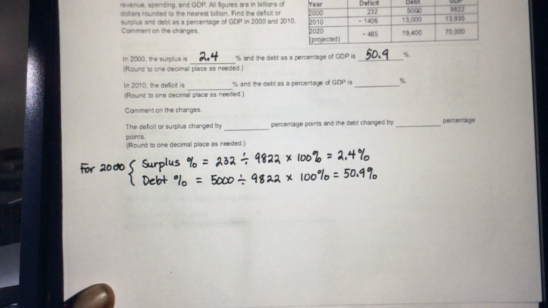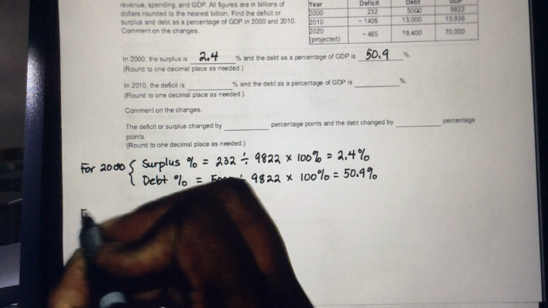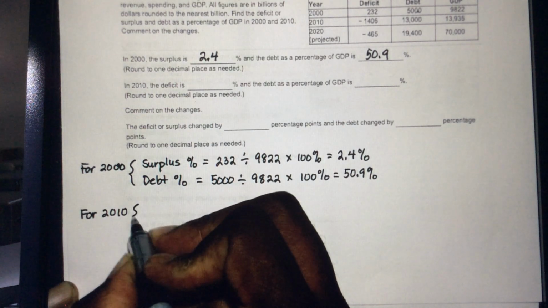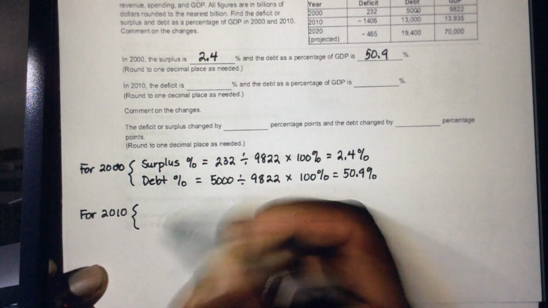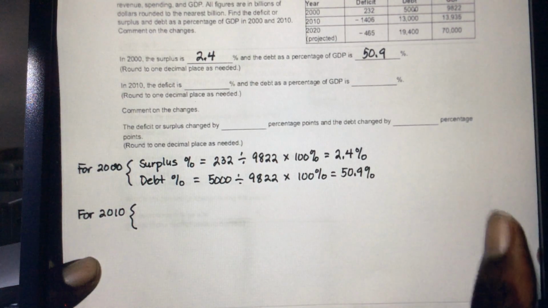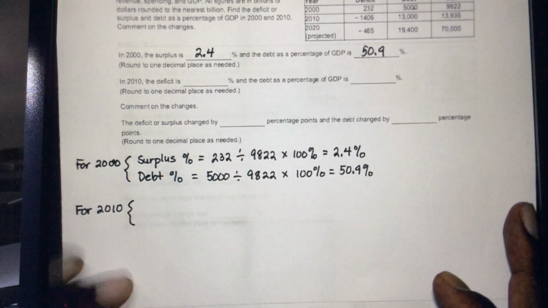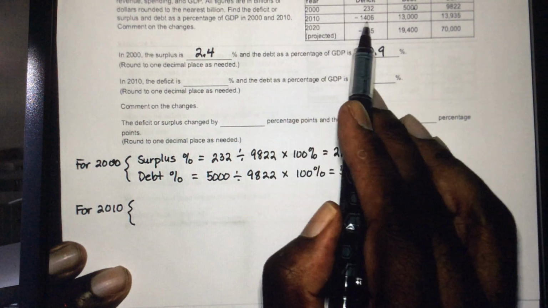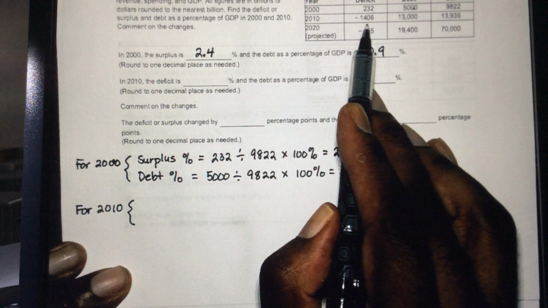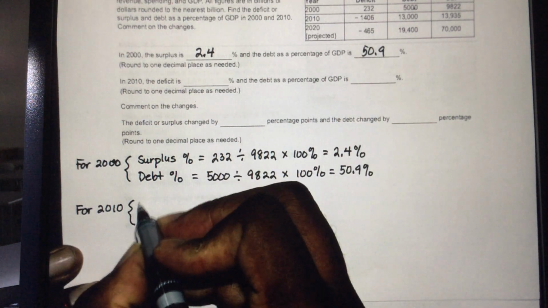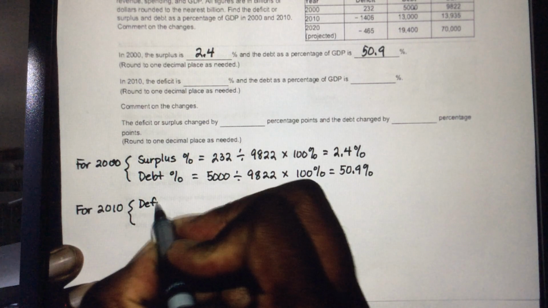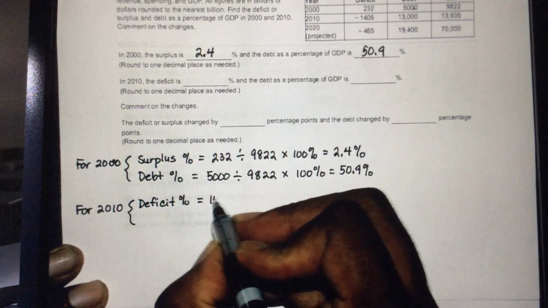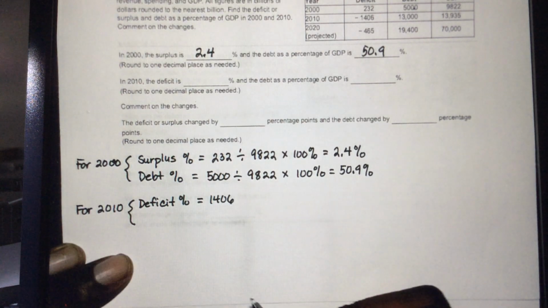And now for 2010. The deficit is going to be some percentage. Here in this case, we got a deficit in 2010 of negative 1,406. Now in this case, I'm going to leave out the negative because I know we have a deficit of 1,406.